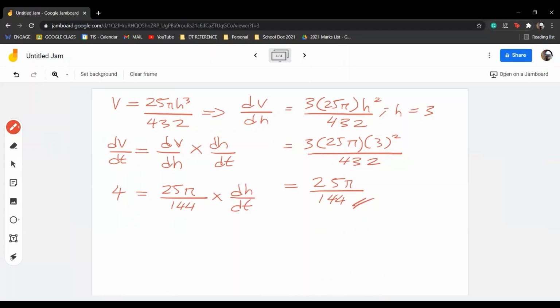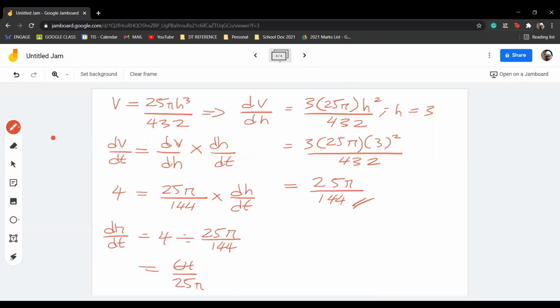So dh over dt equals 4 divided by 25 pi over 144. If you punch in your calculator, you'll get 64 over 25 pi.